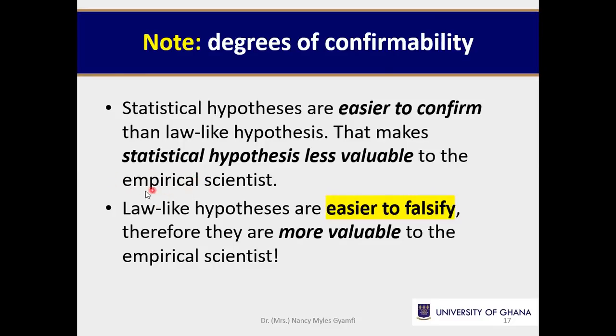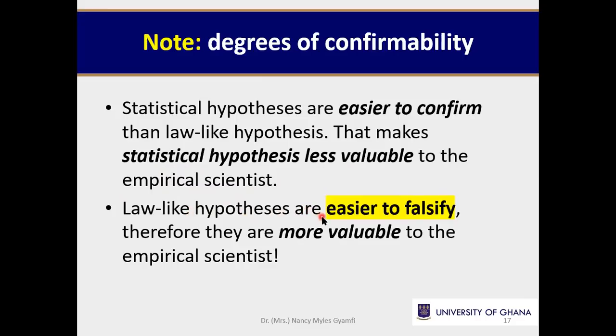But those that deal with observation, sociology, psychology, some aspects of biology, some aspects of physics, those who see, hear, touch, taste, smell, political scientists to draw their conclusions. The reason why sometimes our analysis go bad is because of how we are predicting based on the research findings available to us. Okay, so that makes statistical hypothesis less valuable to us as empirical scientists.